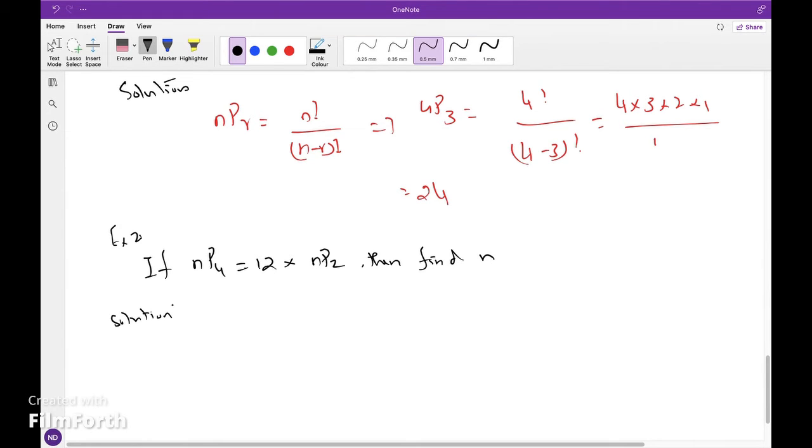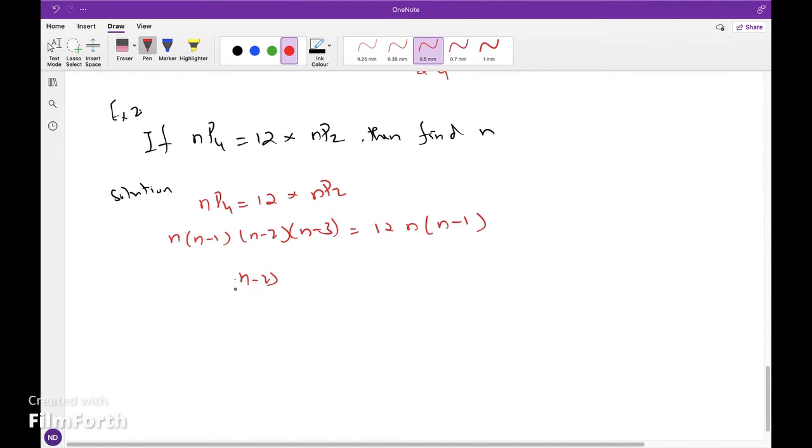Solution: nP4 is equal to 12 into nP2. That means n into n minus 1 into n minus 2 into n minus 3 is equal to 12 n into n minus 1. Therefore, n minus 2 into n minus 3 is equal to 12.